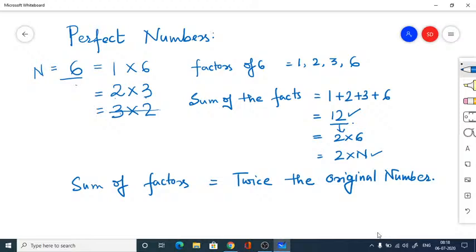I'll take another example. I hope this is clear. Let us do another example. Suppose the number given is 16. What are the factors of 16?